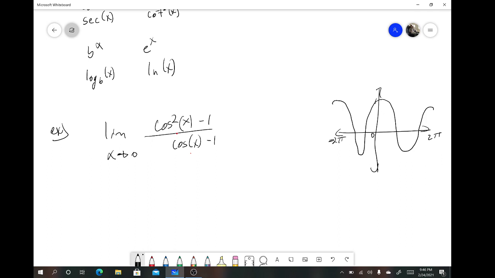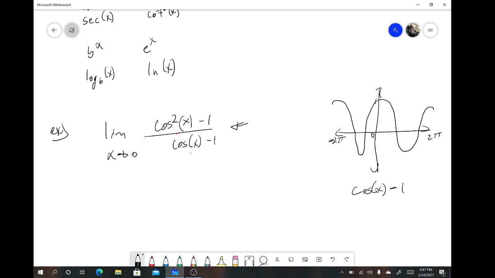Right? Now we are concerned about the denominator of this function being 0. Why? Because when the denominator is equal to 0, the function is undefined. So for that reason, we cannot simply plug in x equals 0 here, because if you plug in, you're going to get 1 minus 1 in the denominator, and that's undefined.